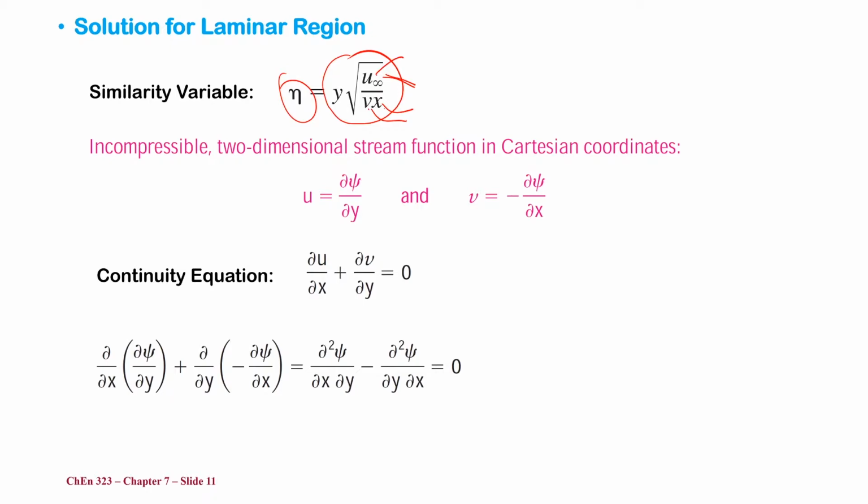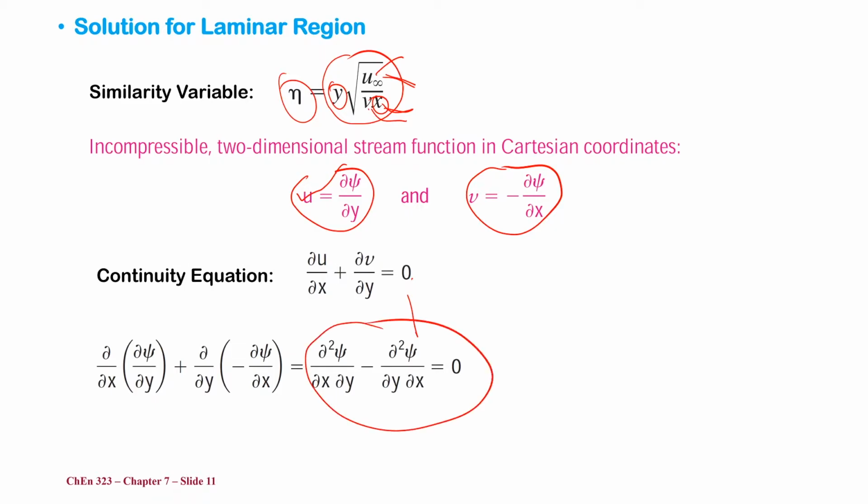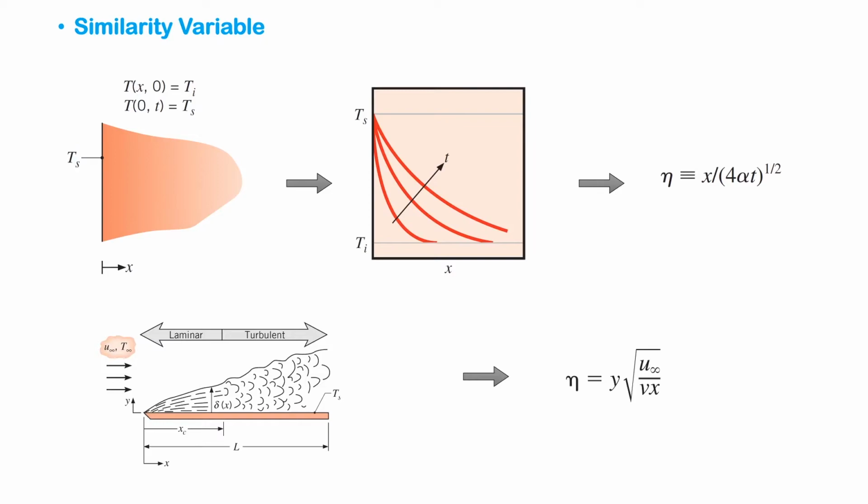X is a variable here, and Y is also a variable. This could be solved by using stream functions, which goes back to fluid dynamics. So these are the definitions of the stream function in Cartesian coordinates. The continuity equation can be written in terms of the stream functions as shown here.